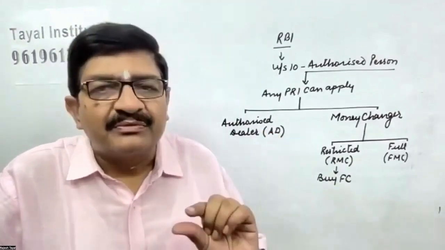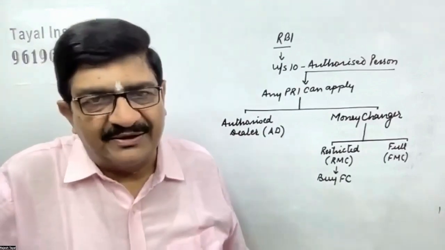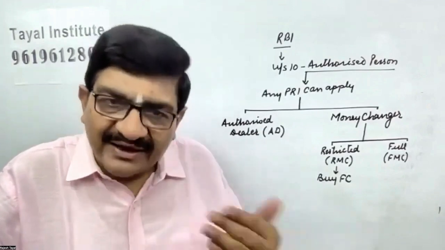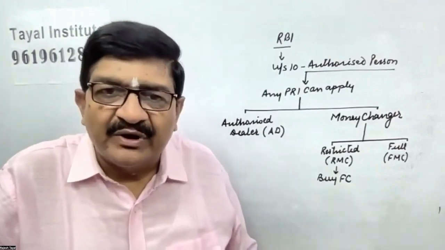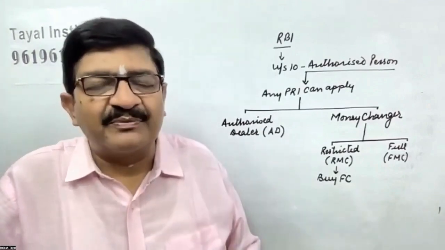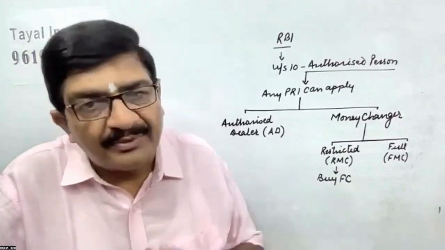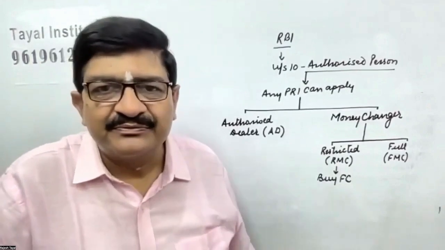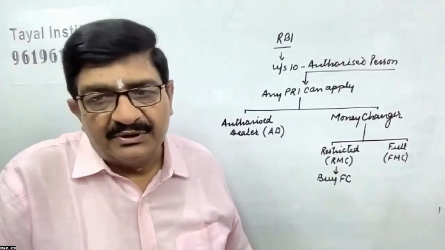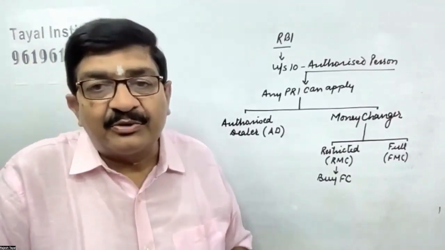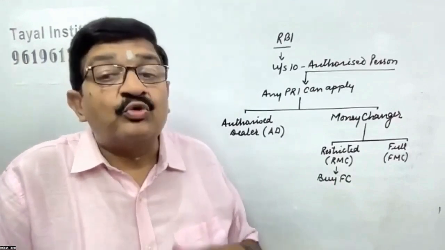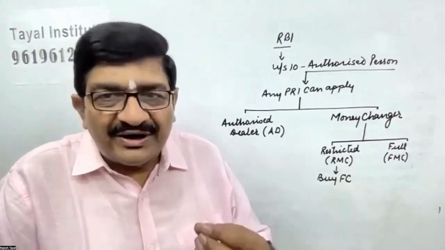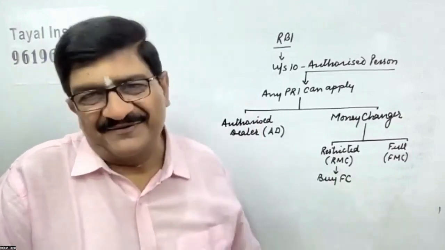There is a margin prescribed by RBI. The rate of buying and selling is given by RBI, and the actual transactions take place at a price either below or above that. So that is the remuneration taken by the money changer. Say, for example, if the RBI gives a selling rate of dollar today of 83 rupees and you go to a money changer and want to buy, he may ask you for 86, 87, 88, any price.